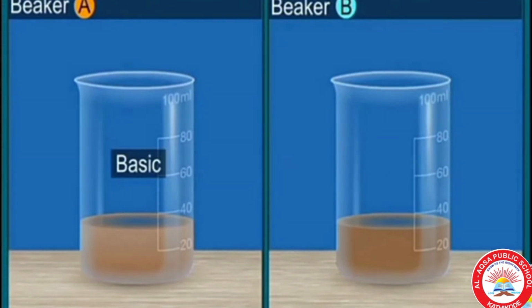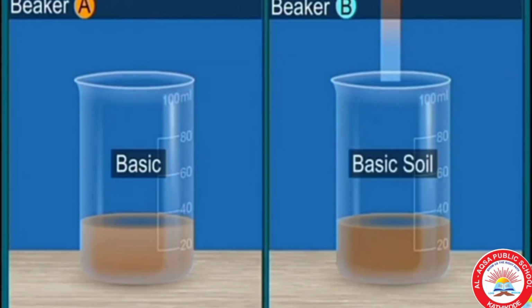And the next beaker also we have to check. We are using red litmus paper. Here red turns blue. That means that soil is basic. If the soil is too basic, the plants cannot grow there either. So here we have to add acidic substances.